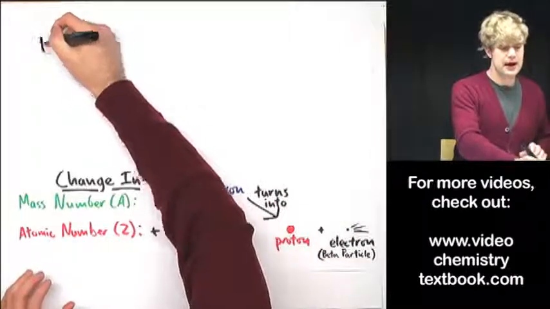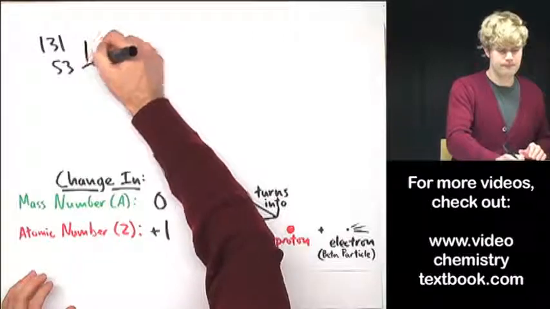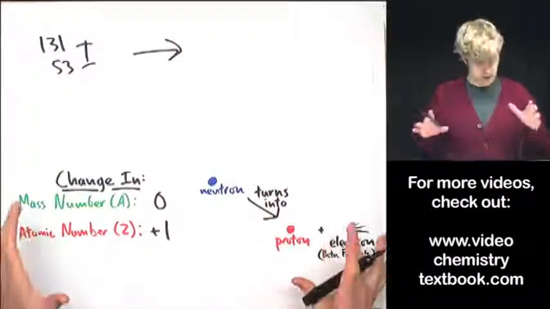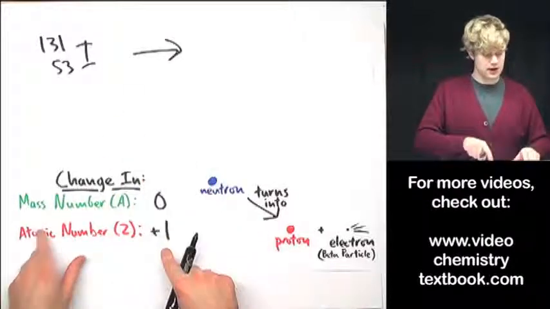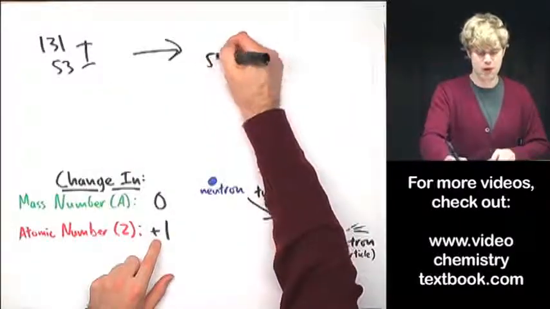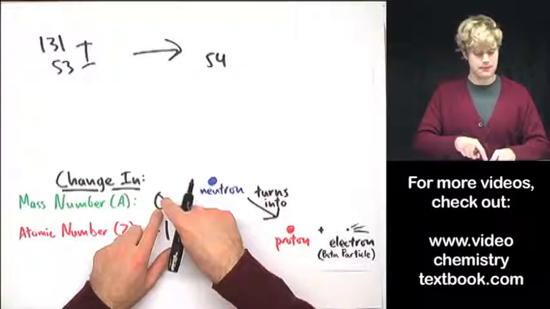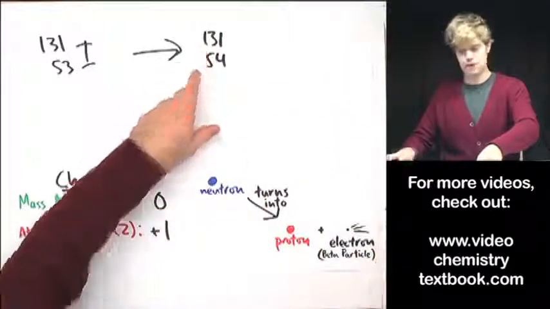I'm going to take iodine 131 and write the beta decay equation for that. I know based on what we've learned that the atomic number is going to increase by 1. So I'm going to go from 53 to 54. But the mass number is going to stay the same. So I'm going to stay with 131.